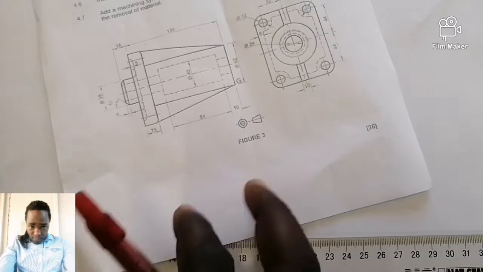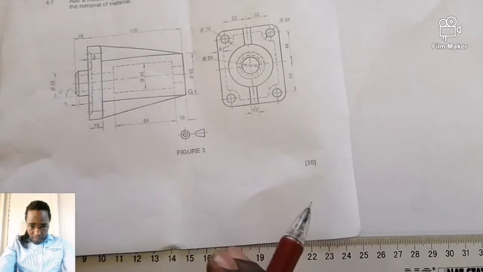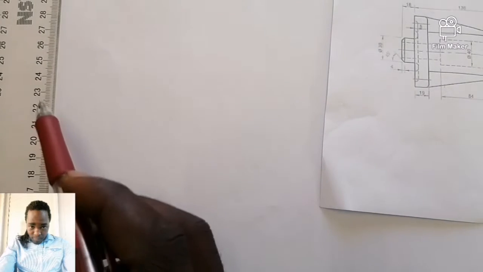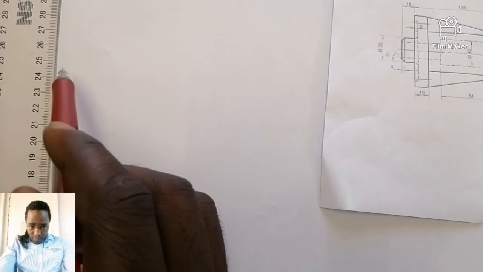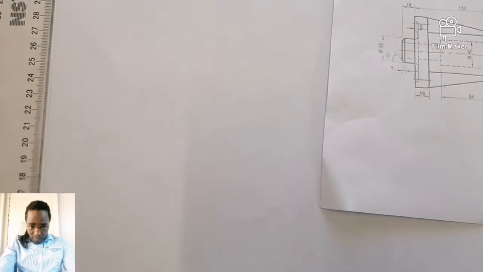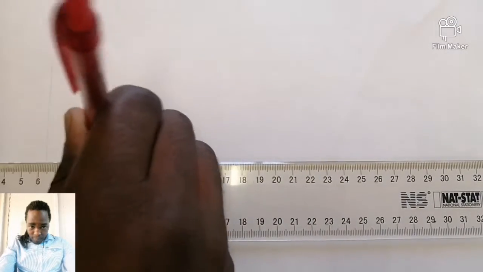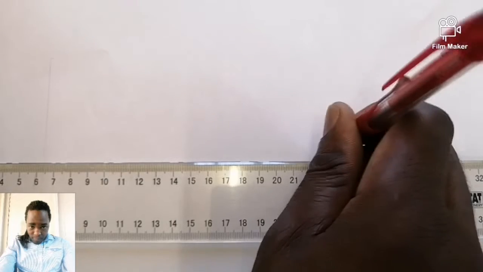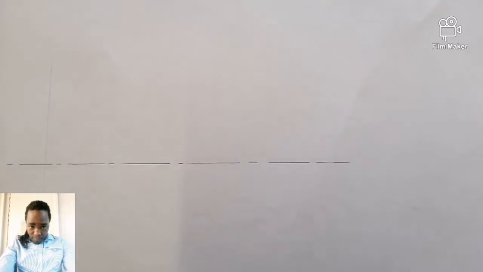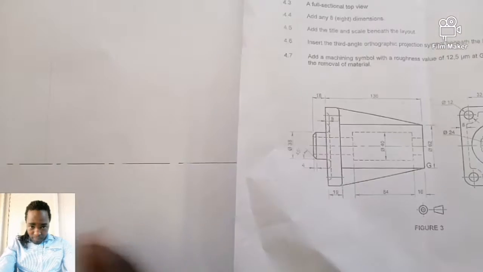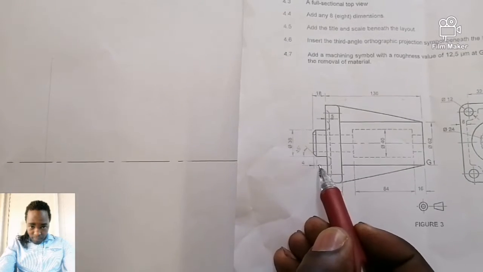I can start with this line, followed by a horizontal center line. You understand? Then from here I can measure 4 millimeter.